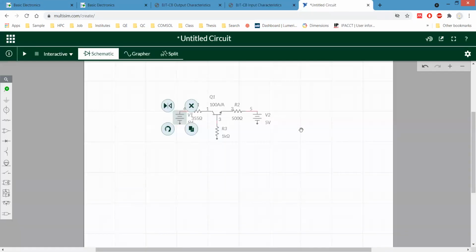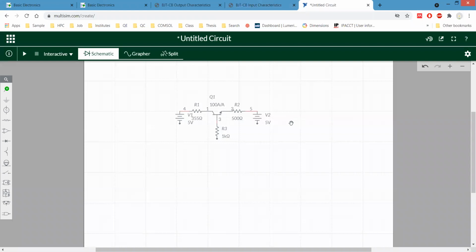Can anyone tell me what will be the bias? In the case of common emitter mode, we have considered different regions. When both of these two junctions are in reverse bias, or any one of them is in forward bias, there are three regions we have discussed: the cutoff region, the active region, and the saturation region.